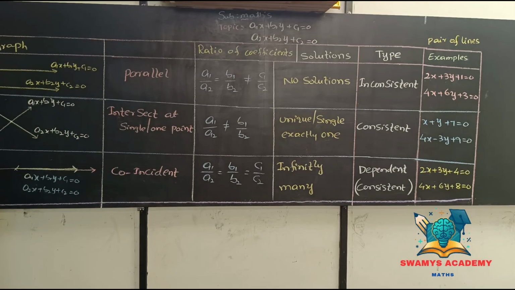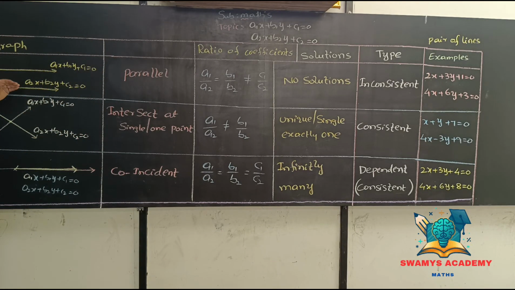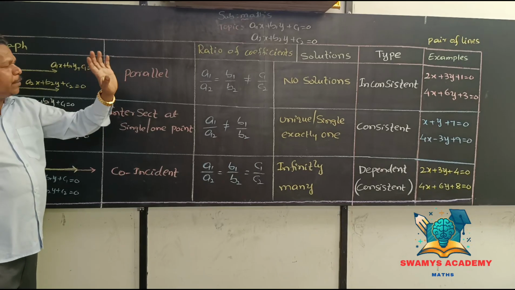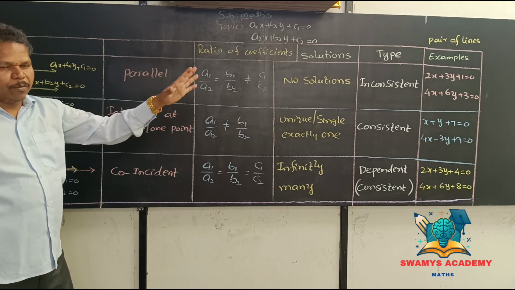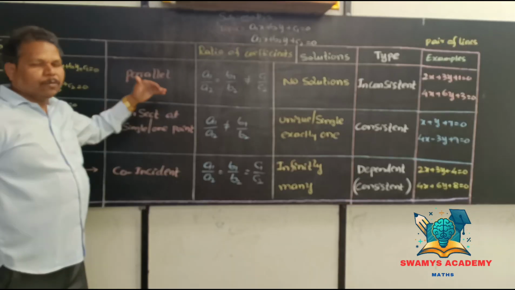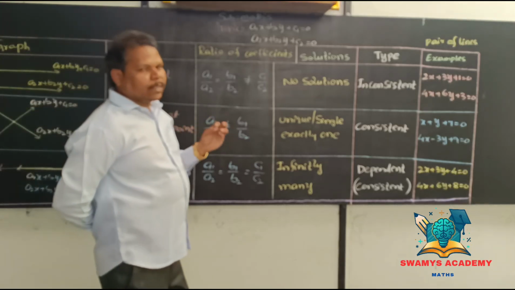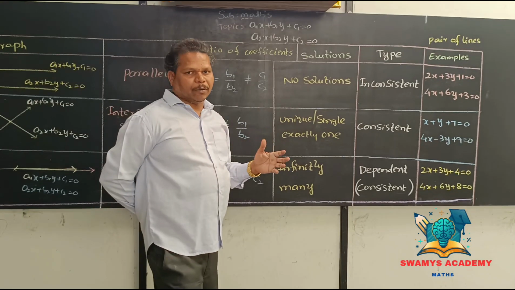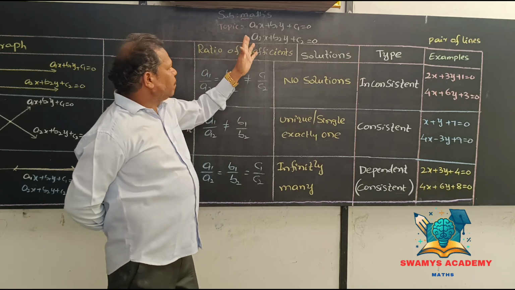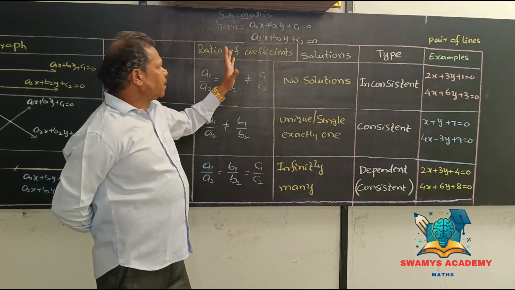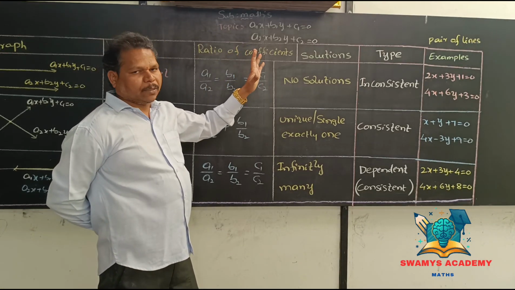So graphically we get parallel, intersecting at one point, and coincident, which give different types in the ratios of the coefficients, the solutions, the type, and the pair of lines. For examples, we put them here. This is the explanation about a pair of linear equations in two variables, A1x plus B1y plus C1 equals 0, A2x plus B2y plus C2 equals 0.